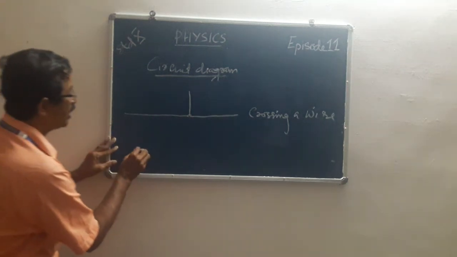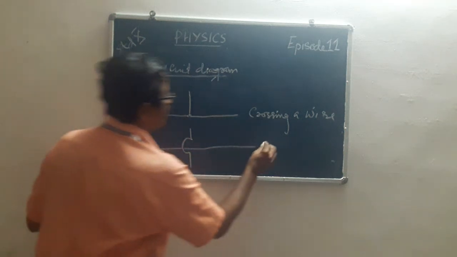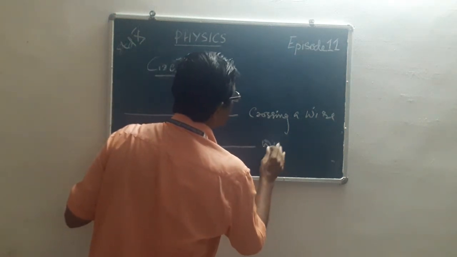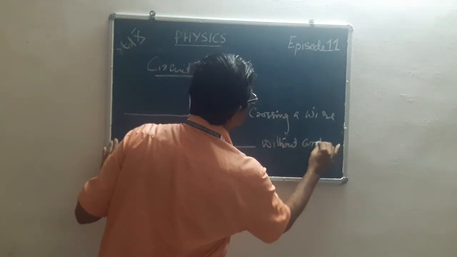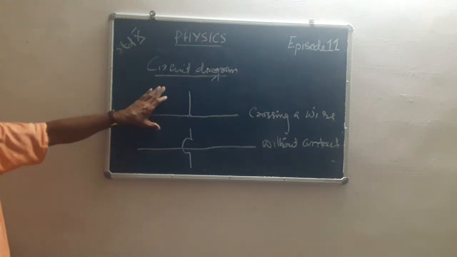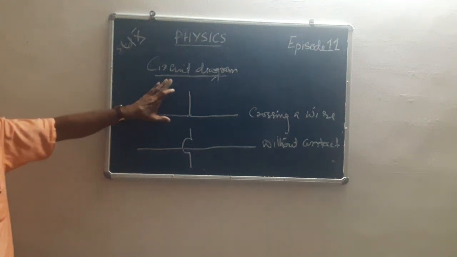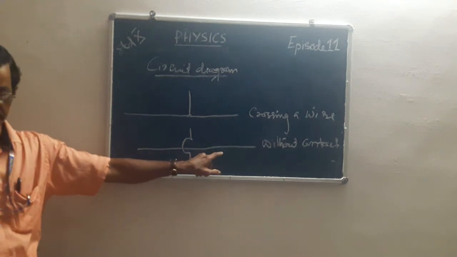And here we represent a crossing wire without a contact. Here there is no contact. This is the symbol used to represent a crossing wire with contact, and this one is without contact.